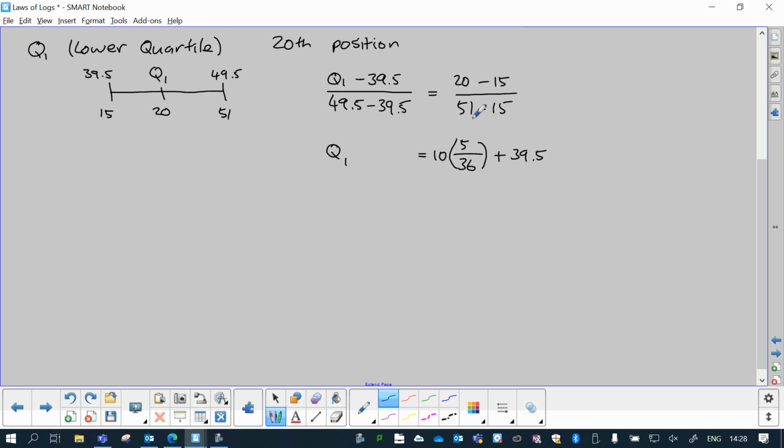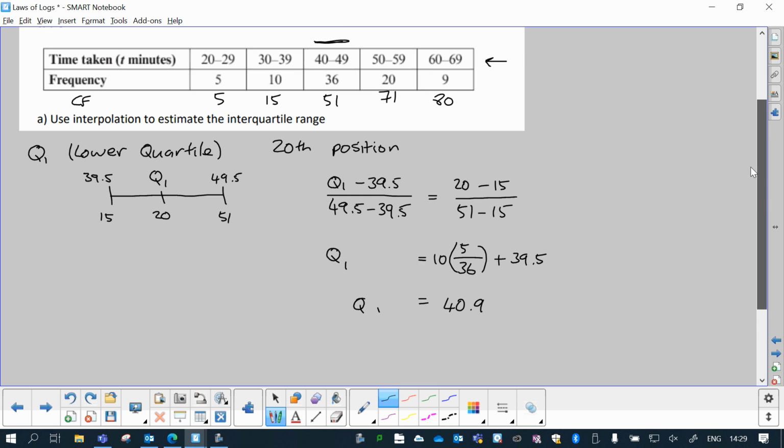We get 5 out of 36 multiplied by 10, add 39.5. Q1 is 40.9, and it's minutes.